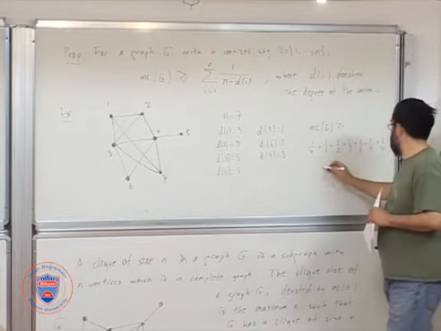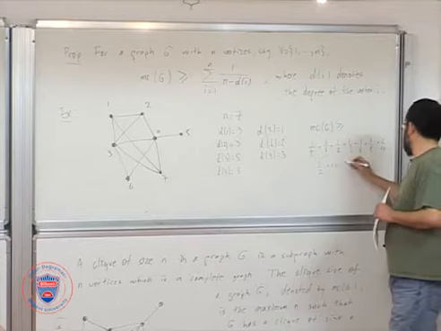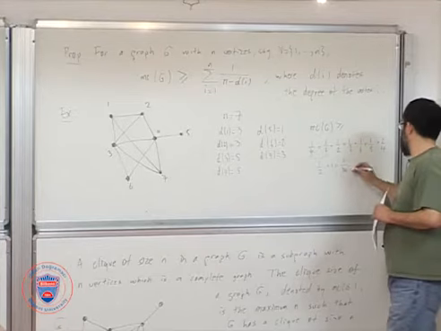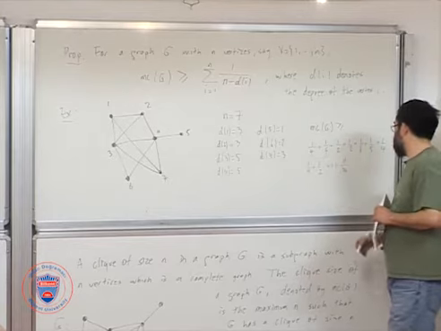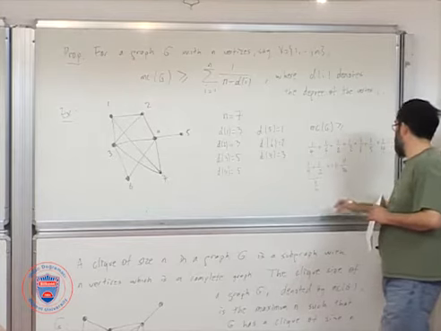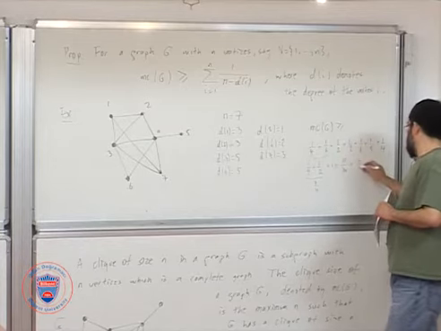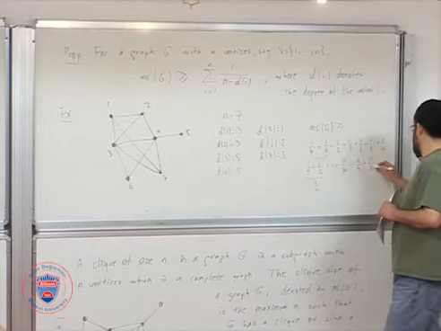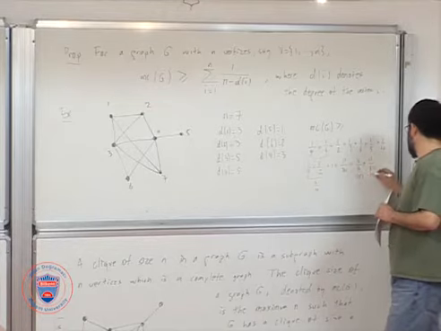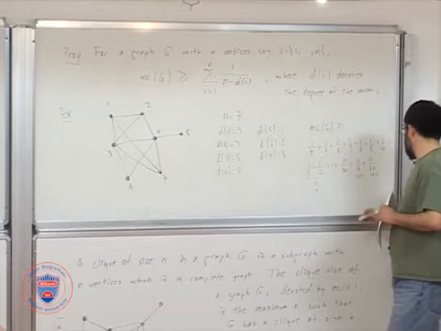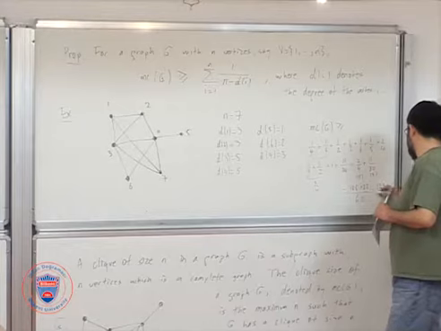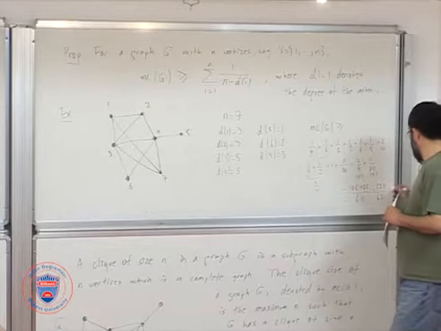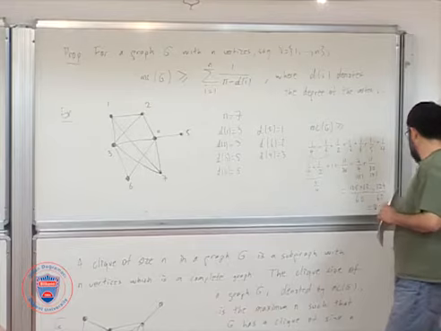Okay, so 1 over 2 plus 11 over 30, 1 over 4, 3 over 4, 7 over 4 plus 11 over 30, 105 plus 22 over 60, 127 over 60. This is 2 point something.